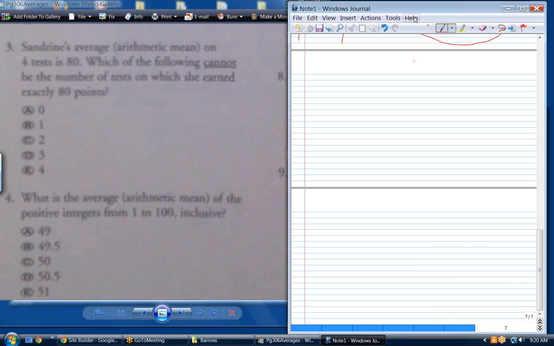Let's see if A works. Can I average 80 without having any 80s in there? No. Well, how about 79, 81? Oh, 79, 81.